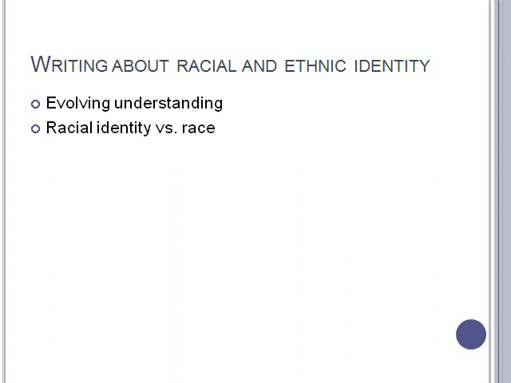So you could have two young girls who are African American that have the same racial identity, but different ethnic identities, if one's parents are from Cuba, and the other one's parents are from Alabama.